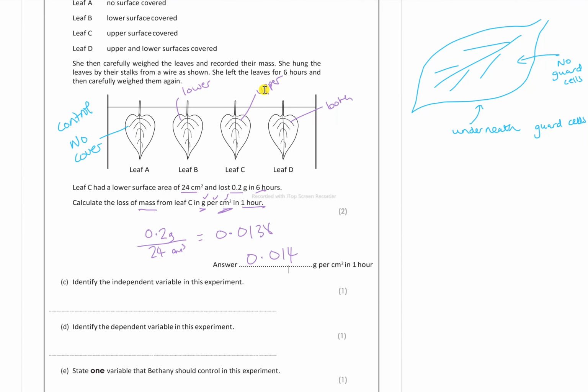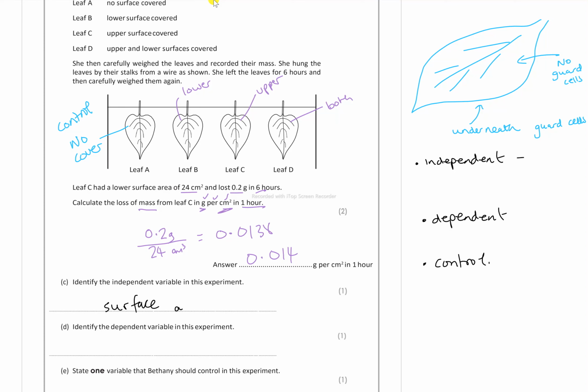How many variables are there? Right, there's 3 types in there. There's independent, dependent, and control. Right, independent is the one that they're changing, and can you see what's changing? Cover, lower cover, upper cover, both cover. So it's the surface area.